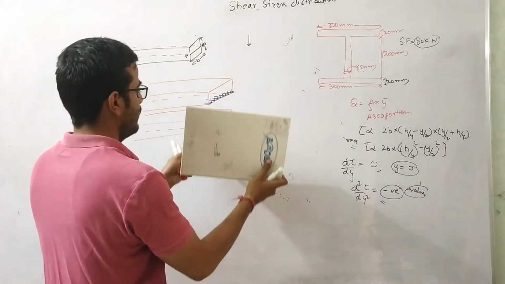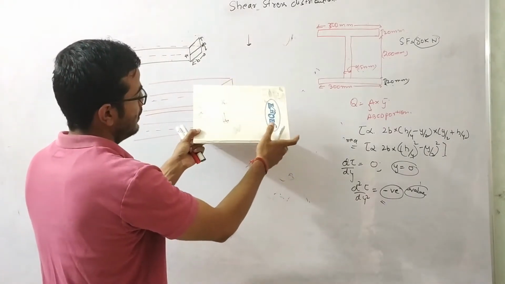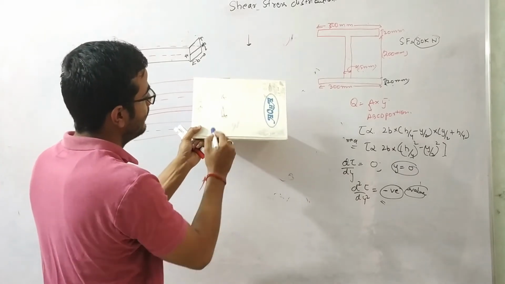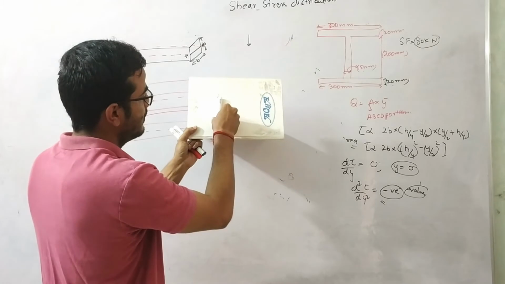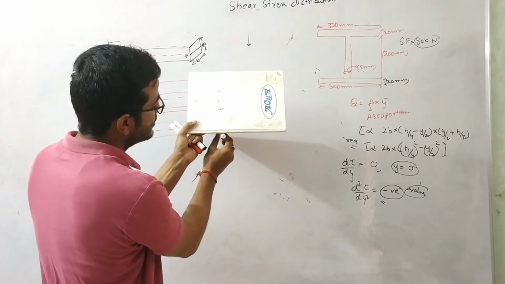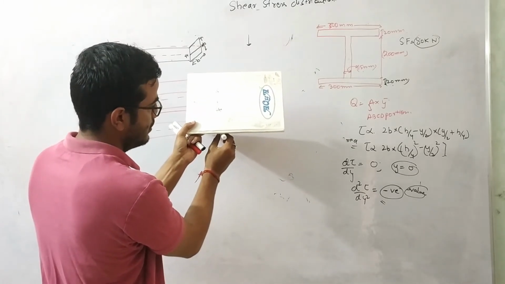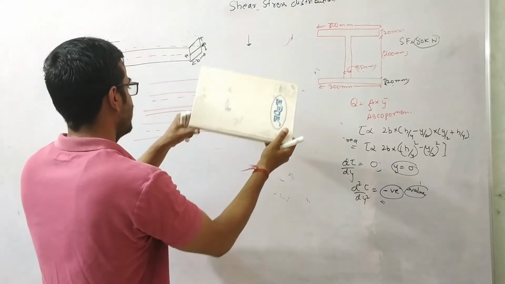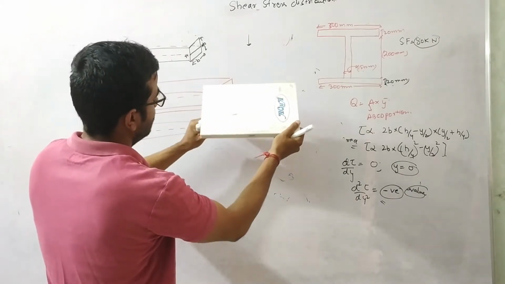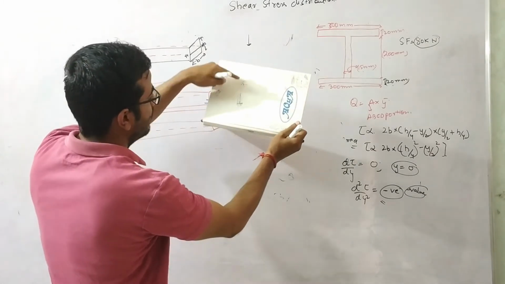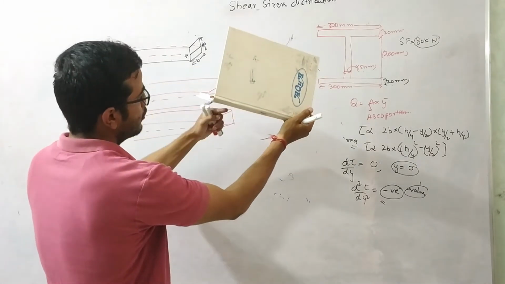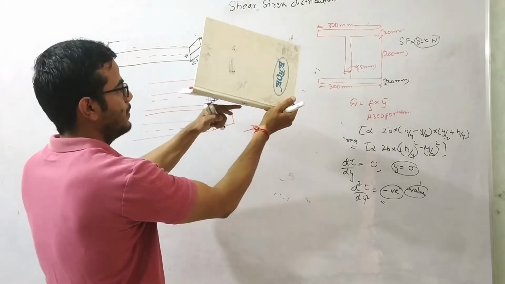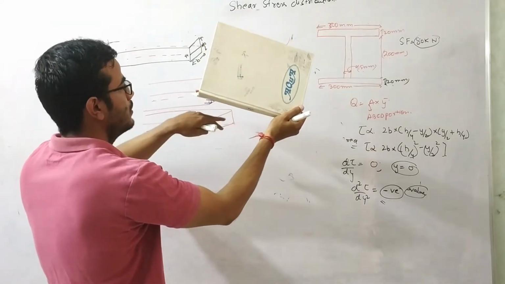If this is the cross section, at this neutral axis level the vertical shear stress will be in this direction, so the complementary horizontal shear stress will be in this direction. If the vertical shear stress is acting at this point, the complementary stress will be generated on the plane perpendicular to this plane.